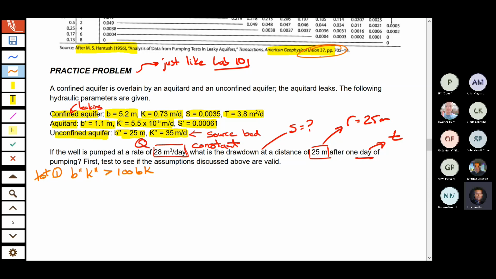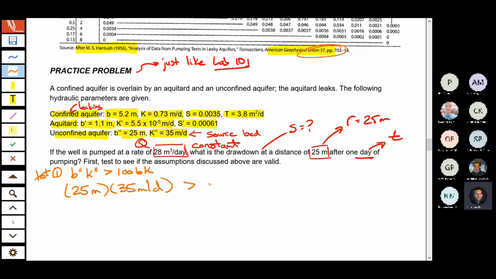So we go ahead and we look at, okay, well, this is easy to do now because what is B double prime? It was given to us as 25 meters, right? That's going to be the thickness of the unconfined aquifer. K double prime was given to us as well as 35 meters per day.